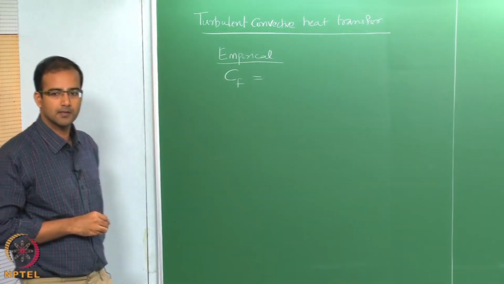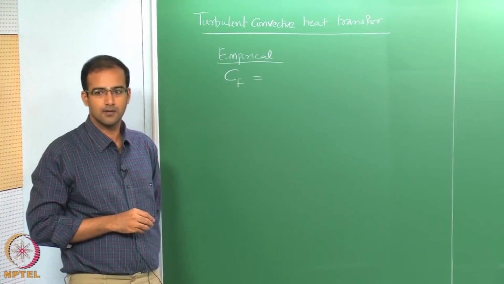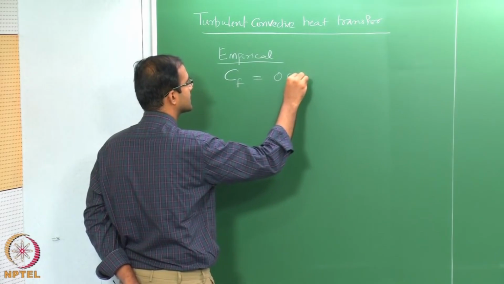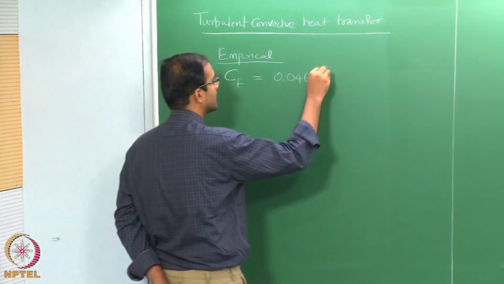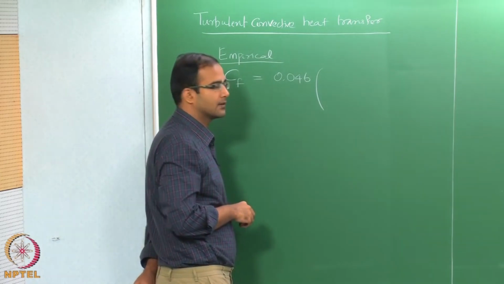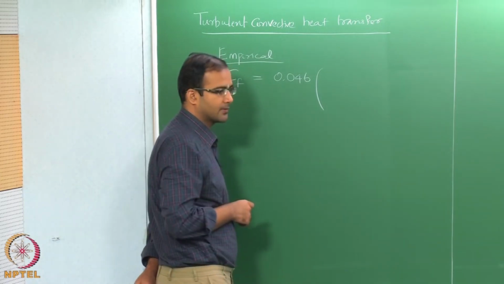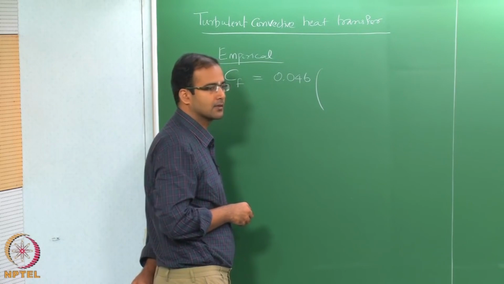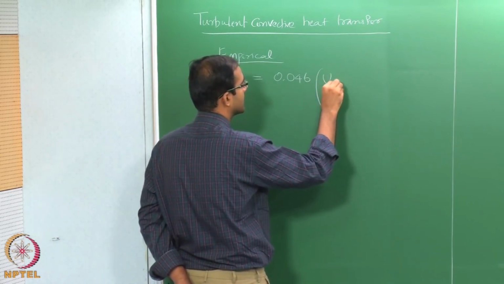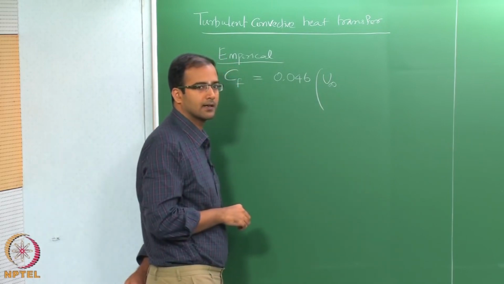Do you remember what this correlation is? 0.046 into, now when we define Re, rather than just defining it as Re, because you might misinterpret the length scale used, here it is U_m or U infinity depending on whether this is an external or internal flow.